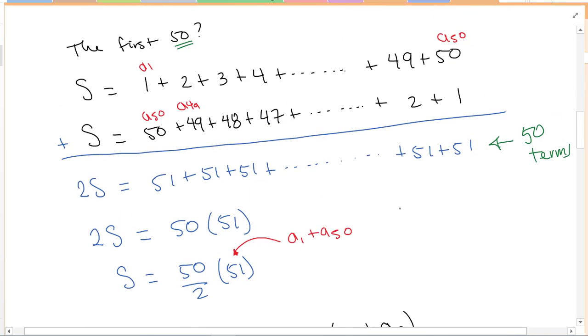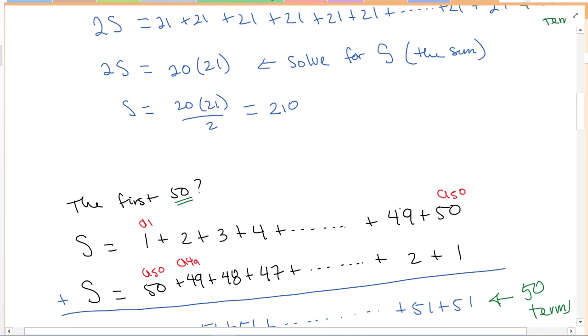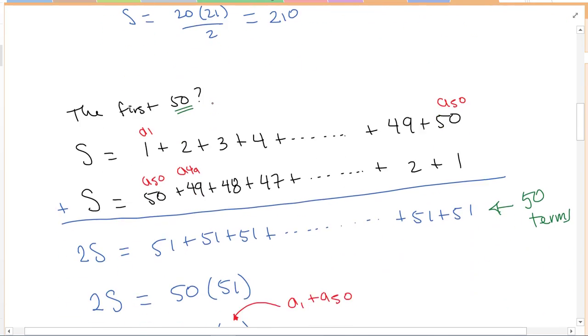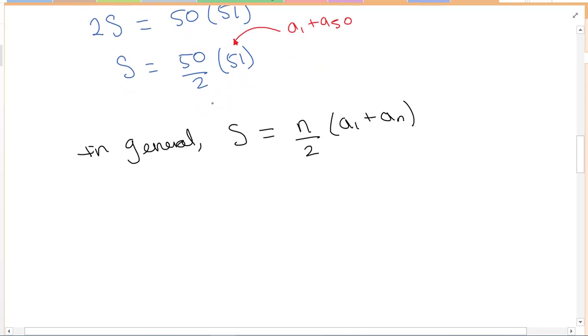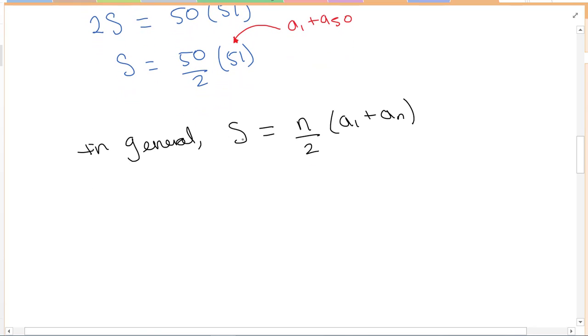And for the 20, same thing, right? I can think of this as, this was a1, which was 1, plus a20, which was 20. And so this is a formula for the nth term for the n partial sums.